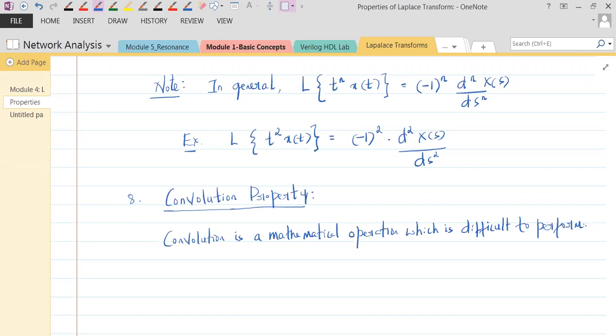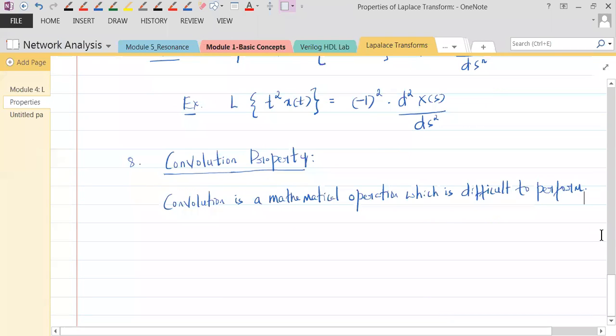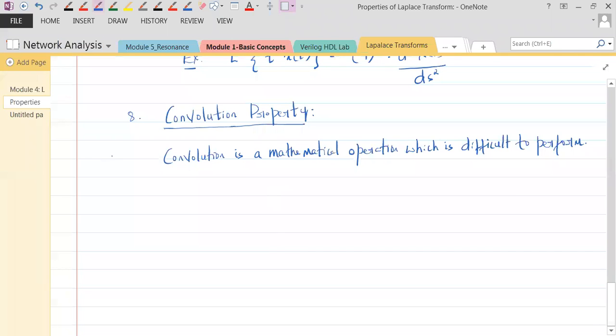So this difficult operation can be done easily if you transform. Everybody understand this? Since it is a mathematical operation, you need two operands. Convolution property tells us what? See here, the statement of convolution property.